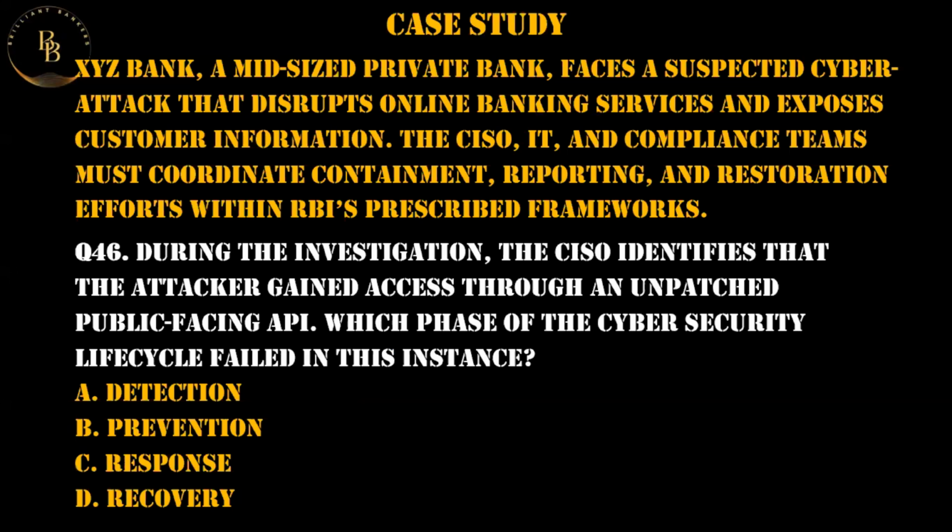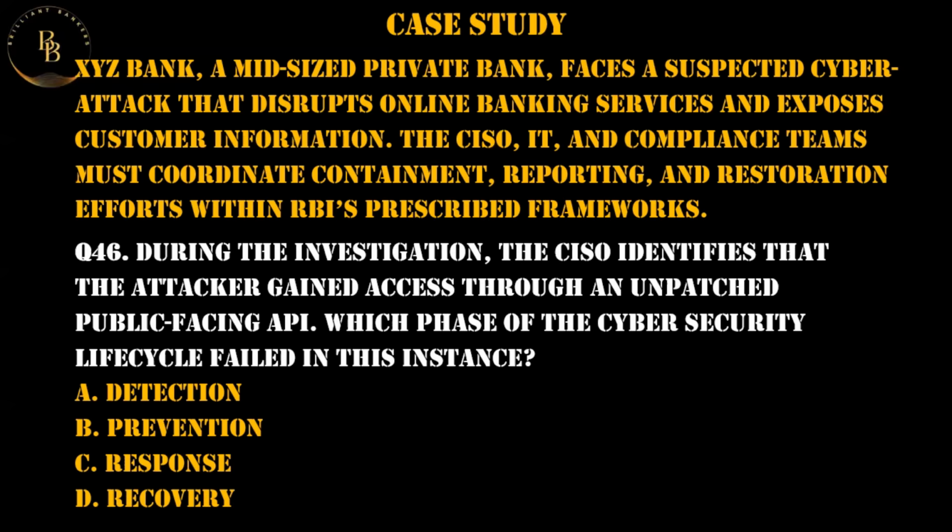The CISO, IT, and the compliance teams must coordinate containment, reporting, and restoration efforts within the RBI's prescribed frameworks. So during the investigation, the CISO identifies that the attacker gained access through an unpatched public-facing API.